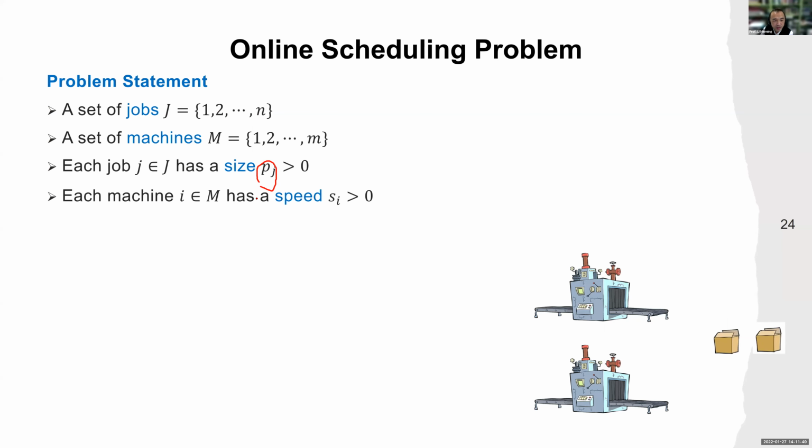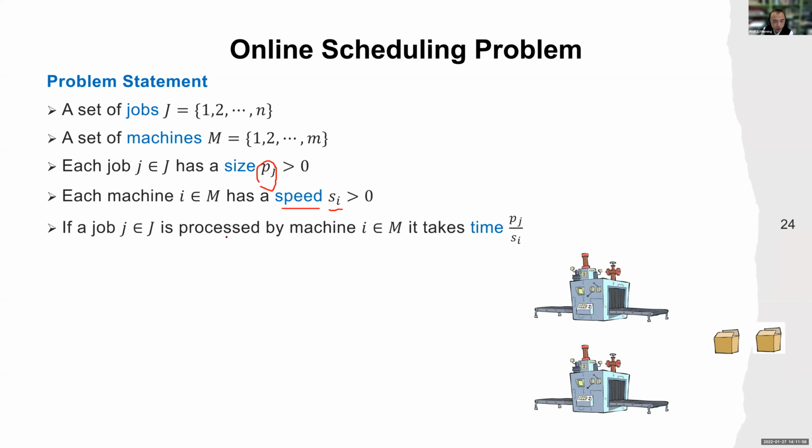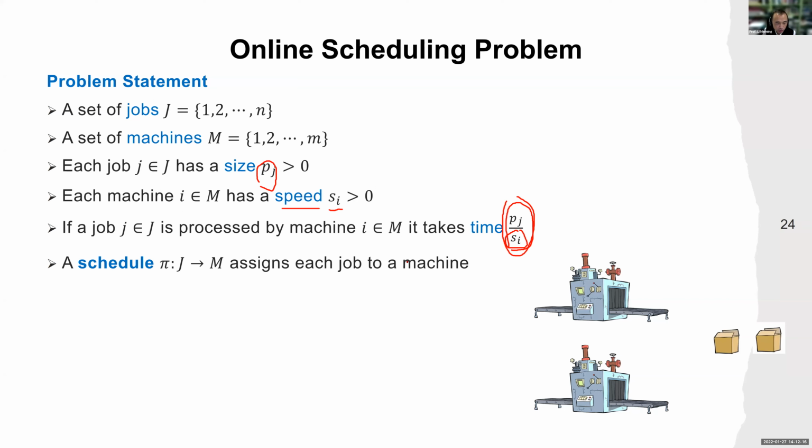And each machine has a speed, Si. If job j is processed by machine i, it takes time Pj over Si, which means if your job is processed on a fast machine, then the processing time needed is shorter. Larger Si means shorter processing time. And the schedule is to assign jobs to machines.